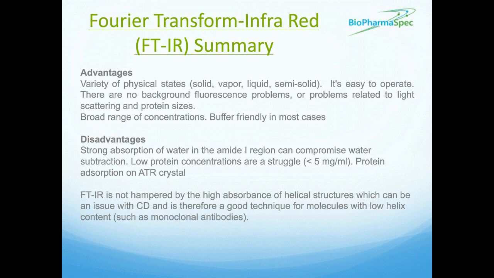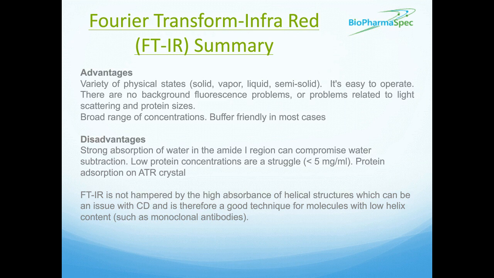One of the other advantages that FTIR has over CD is that it's not as affected by the exaggeration of the alpha helix absorbance of a molecule. So FTIR is quite good for molecules that either have a mixture of alpha helix and beta sheet or have a very low amount of alpha helix in the first place, such as monoclonal antibodies.